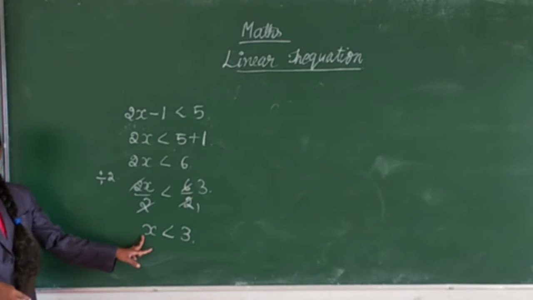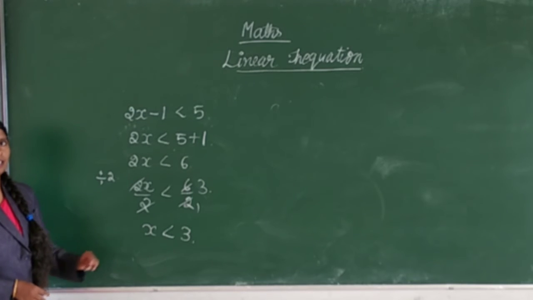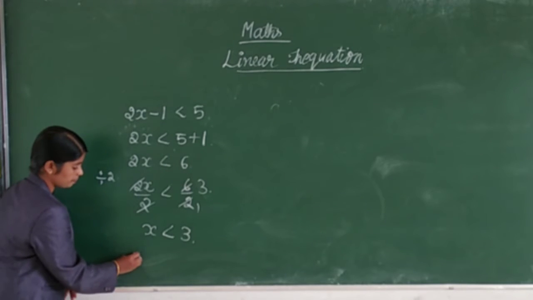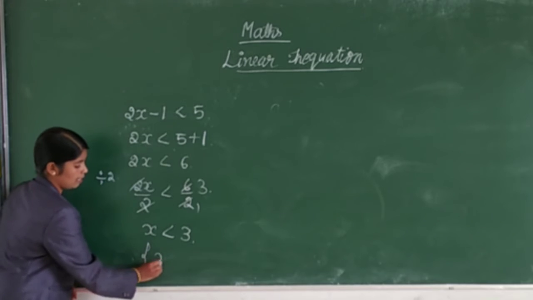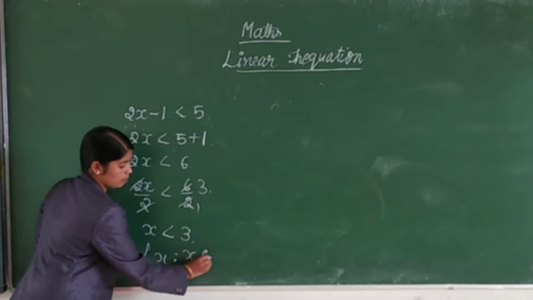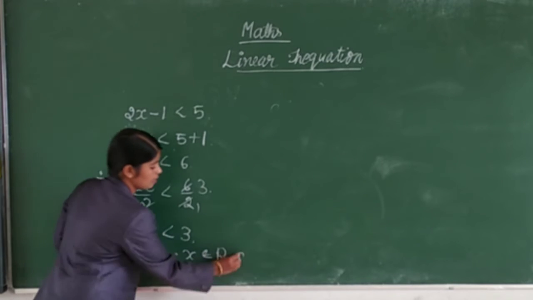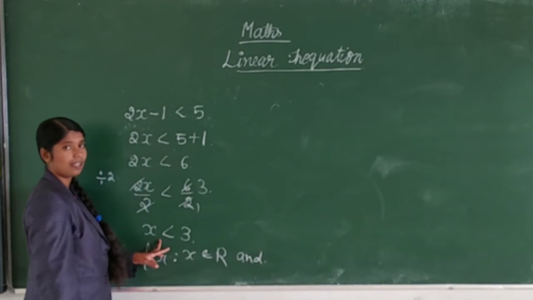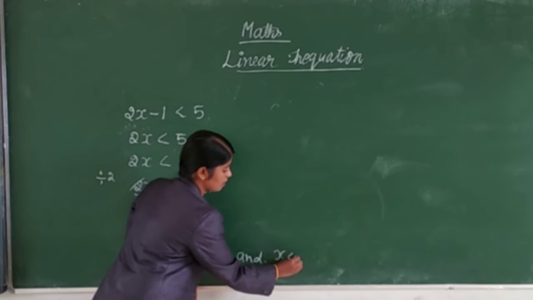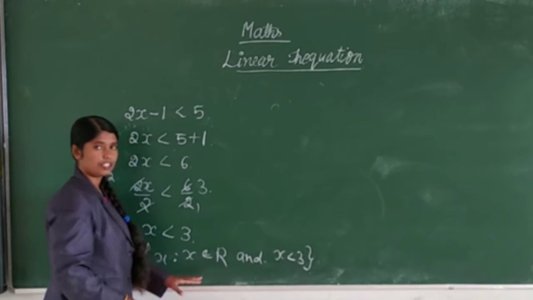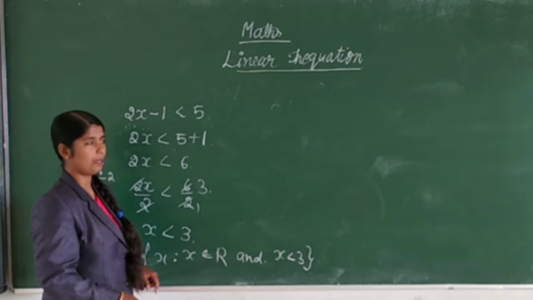So we have to represent this set on the real number line. We represent here x such that x belongs to R. That means x belongs to the real number set, and the answer is given here: x is less than 3. Now we should represent this answer on the number line.